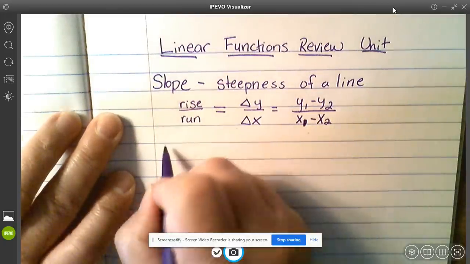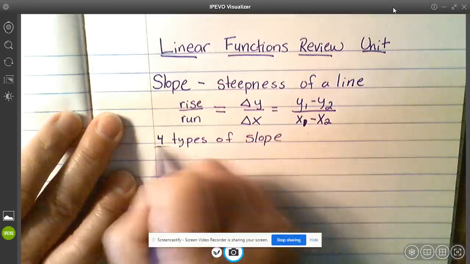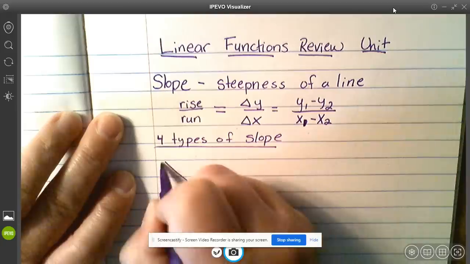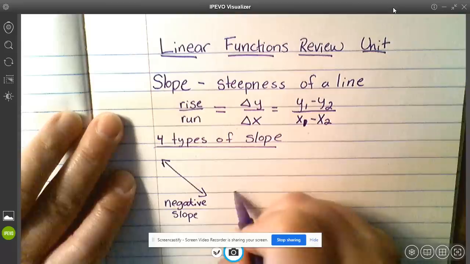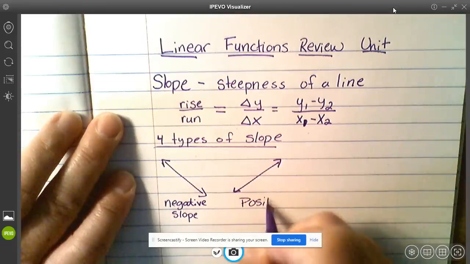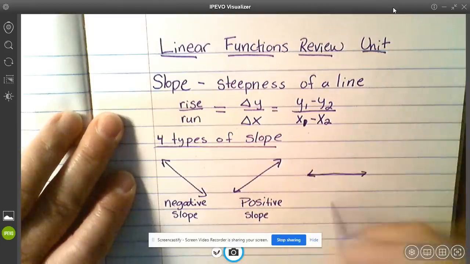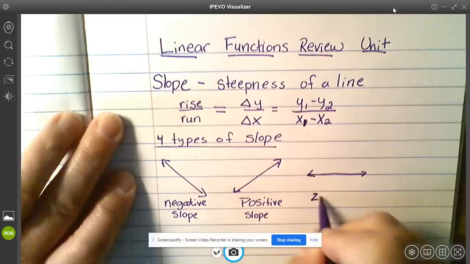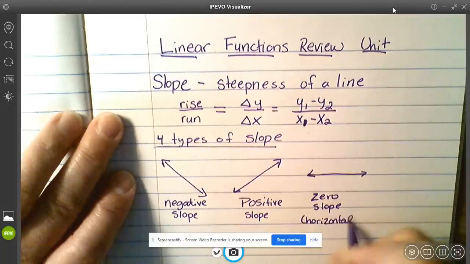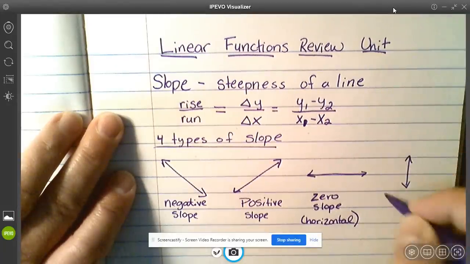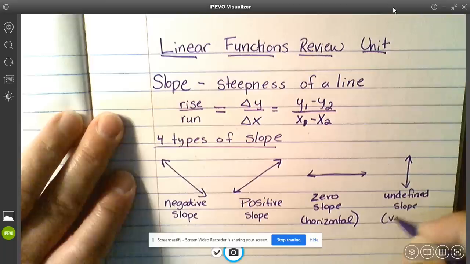And there are 4 different kinds of slope. We have negative slope, positive slope, we have zero slope when we have a horizontal line, and we have undefined when we have a vertical line.